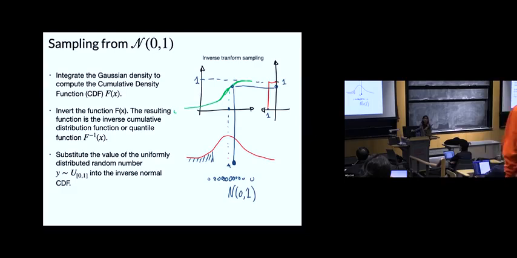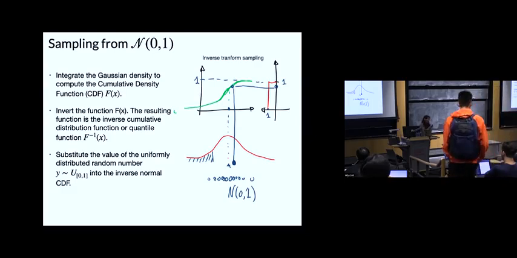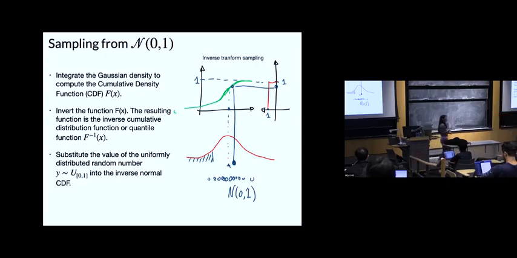Does anybody know or remember from Intro to ML or some statistics course how we sample from a Gaussian distribution? If I give you a sampler from a uniform distribution, do you remember? What is the uniform distribution?